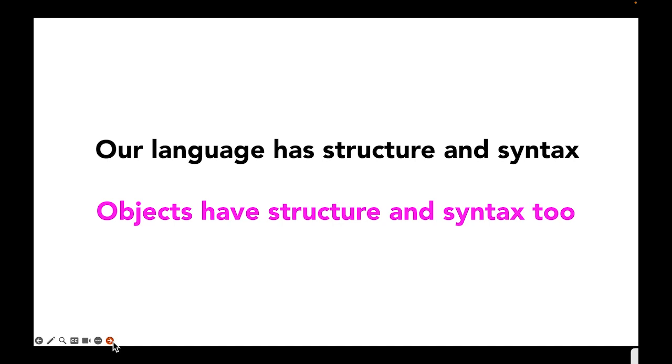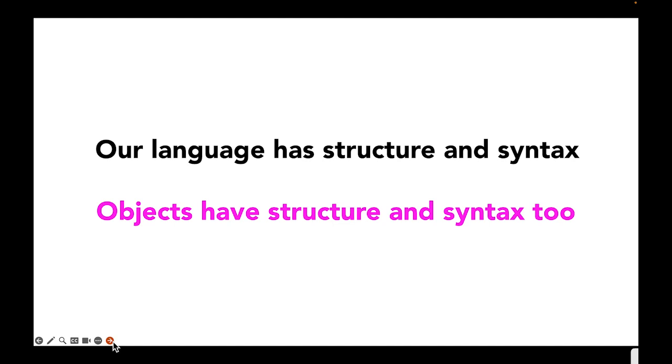So from that little example, you can see that our language has structure and syntax, whether it's the first slide that I showed you with the Arabic writing, or whether it's the last one, which sounds quite excited. And in fact, in one of them, I've actually included a little emoji just to add emphasis.